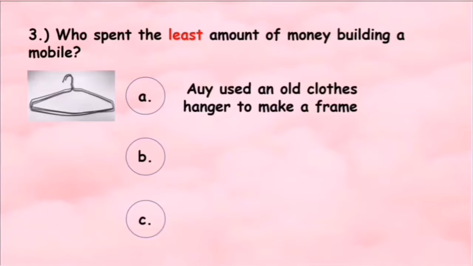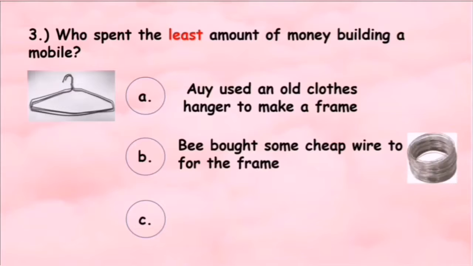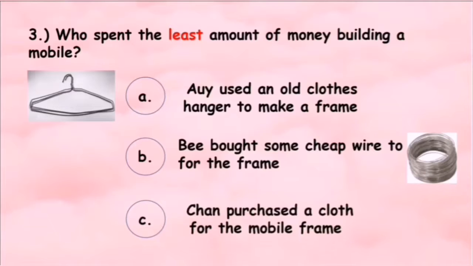So let's read letter A. Uy used an old clothes hanger to make a frame. B bought some cheap wire to use for the frame. And C, Chan purchased a cloth for the mobile frame. So, both B and Chan spent money to buy their materials to make a mobile.